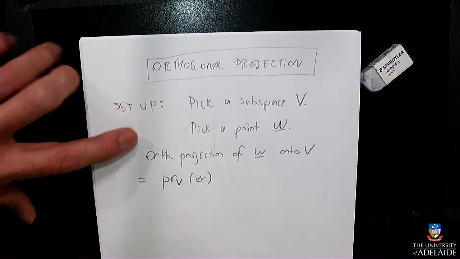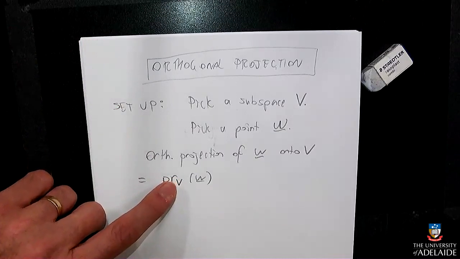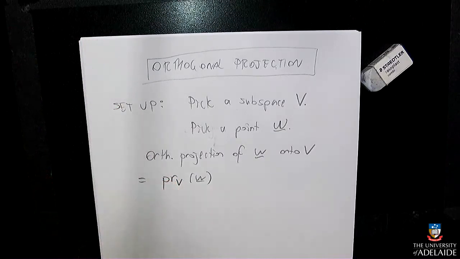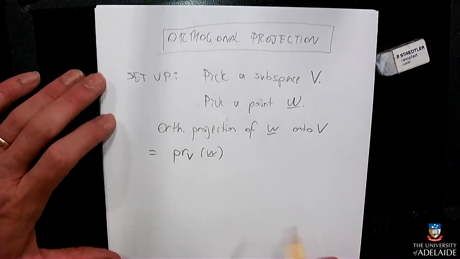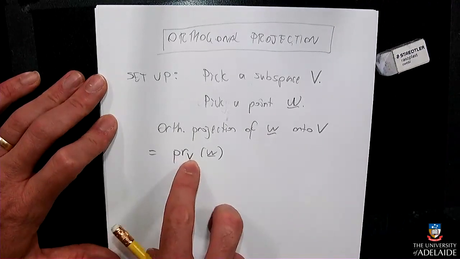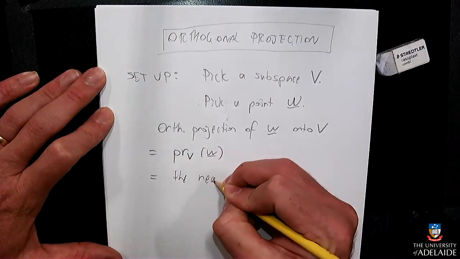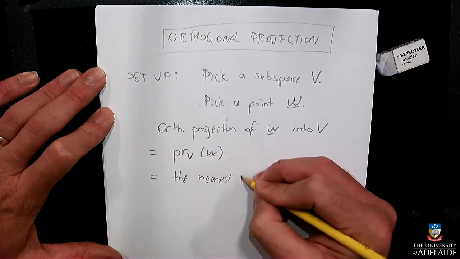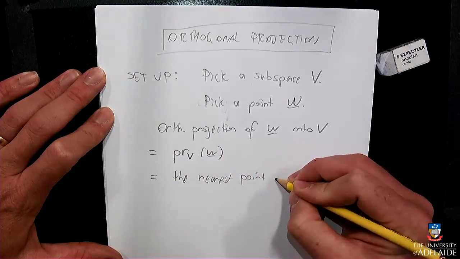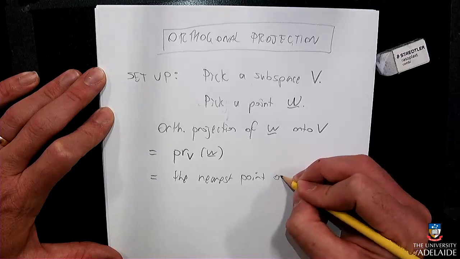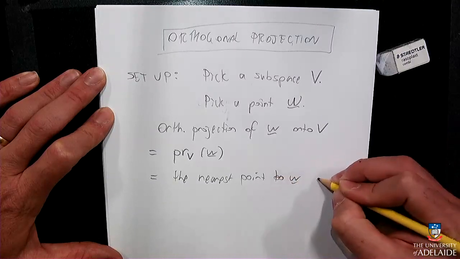Why isn't it OP for orthogonal projection? Just note that in this course and in pretty much all maths courses, when they say projection, they always mean orthogonal projection. So it is notated like this, the projection onto V of W, and this is the nearest point to W that's in V.